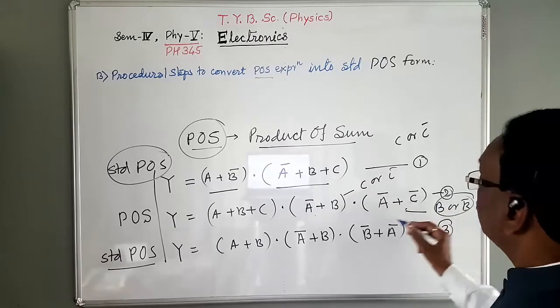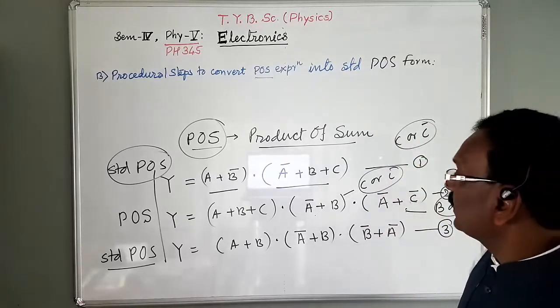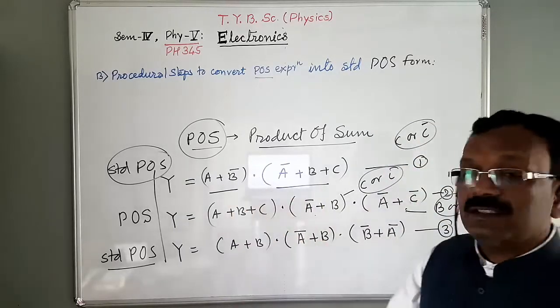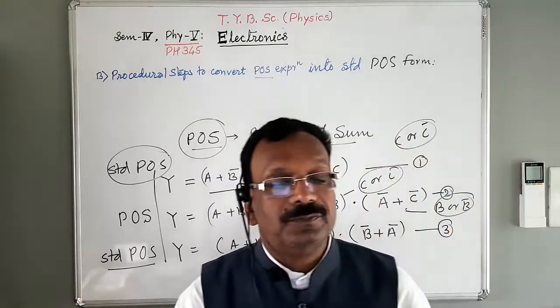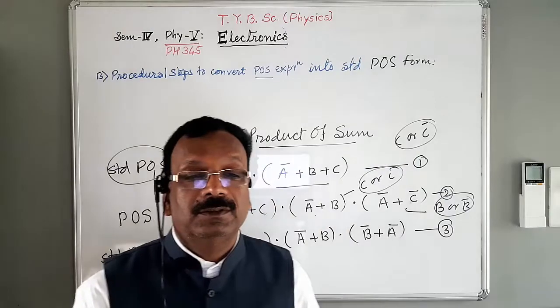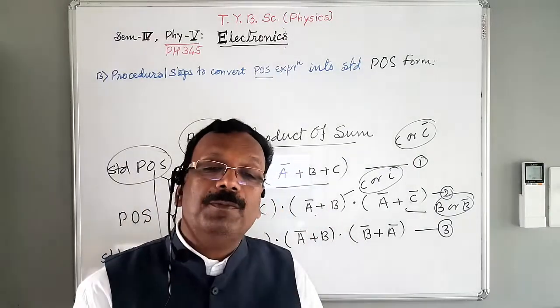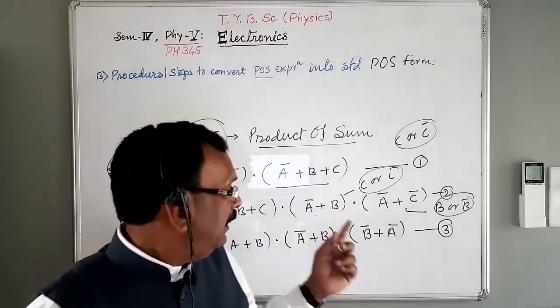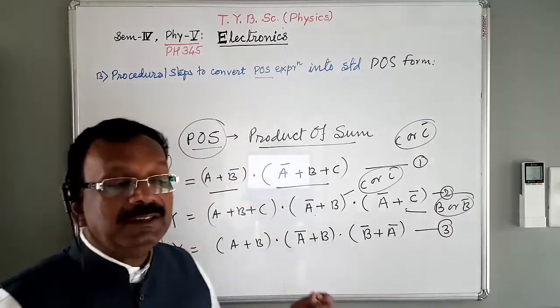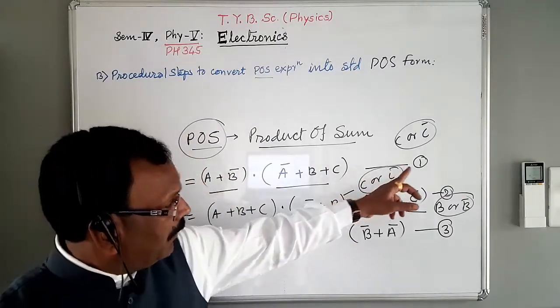So due to the missing of these literals, these two equations are not standard POS form. Okay. Now here again we have to see in terms of max term and min term. Here equation 1 and 2.